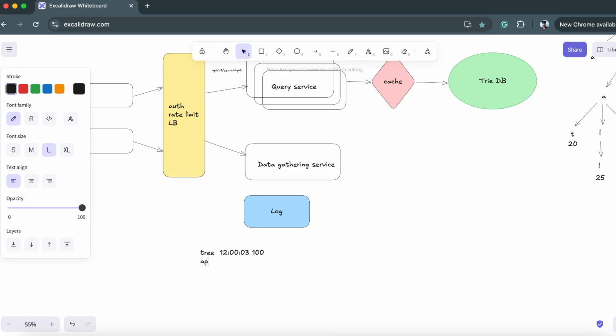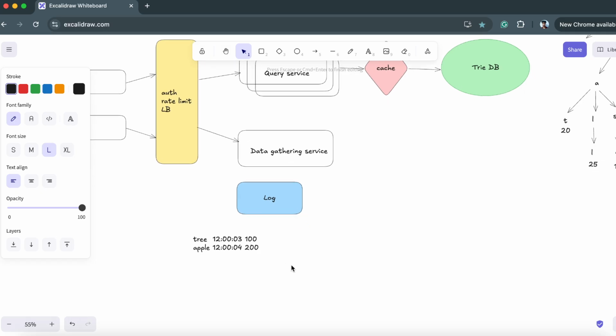Apple is the next word, at 12:04, where apple has been searched 200 times. This way the logs collect the information, and we keep on storing these kinds of logs. Now, there will be a huge amount of logs, right?